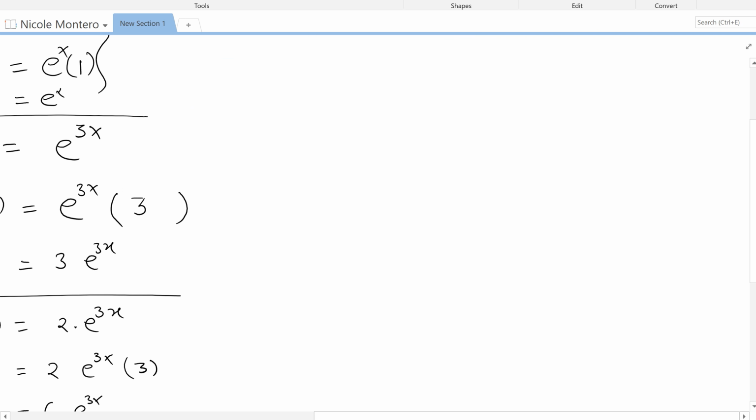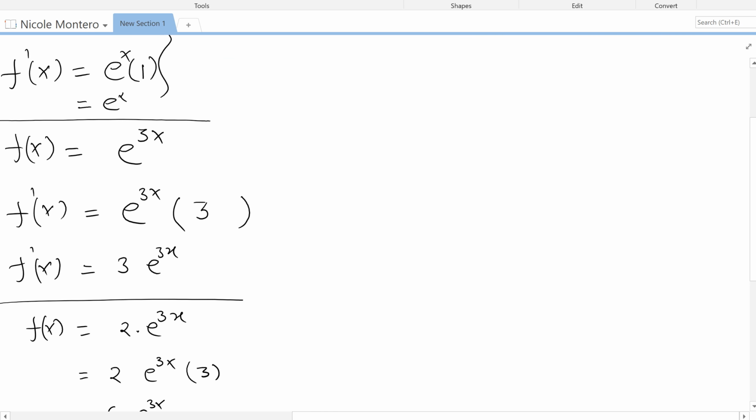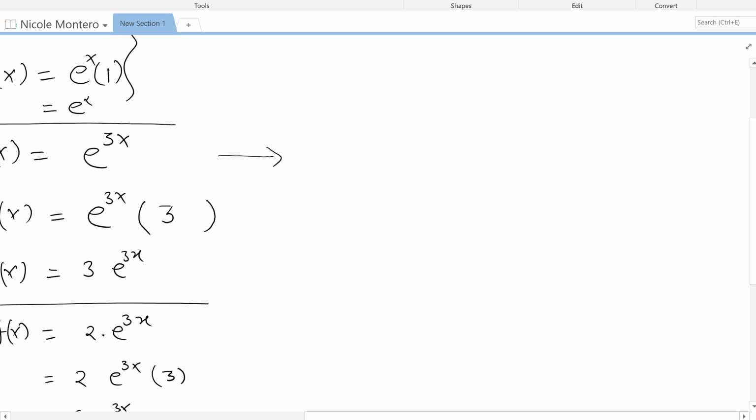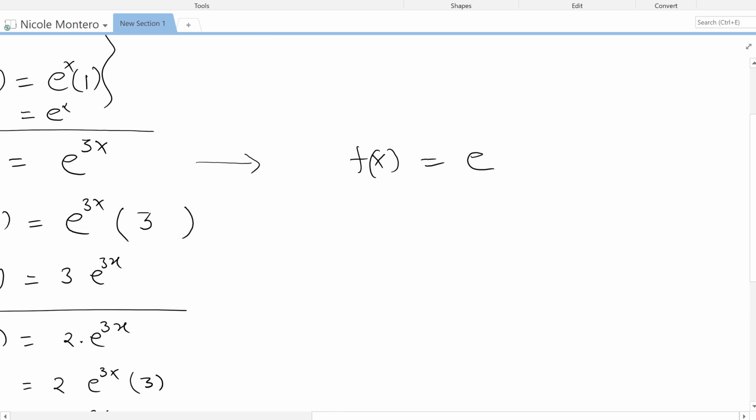Now, this can be considered as two separate functions. For example, if I assume that 3x is u, then I have e raised to u.